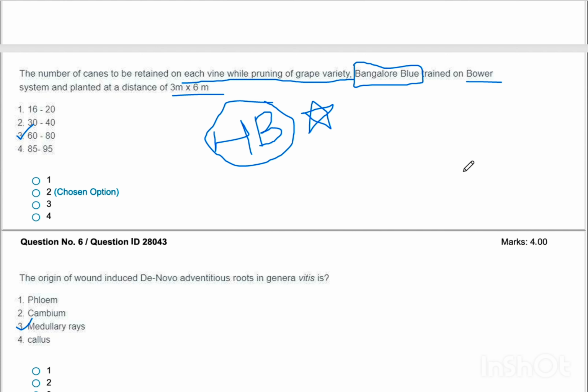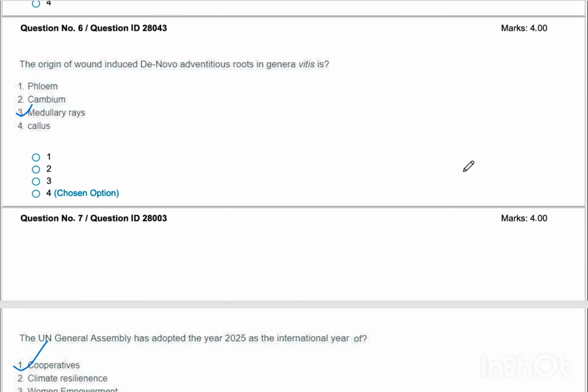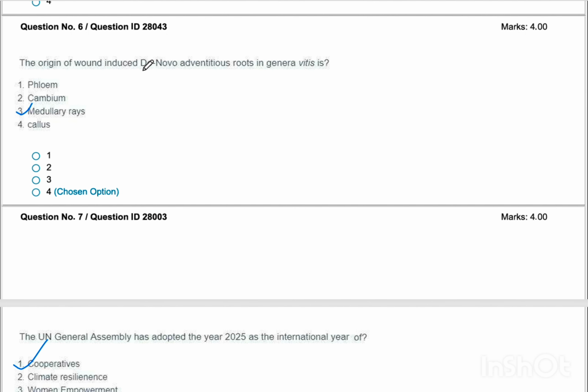And for another variety, Thompson Seedless or Pusa Seedless or Tas-A-Ganesh, at a planting distance of 2 into 3 meter and Kniffin system of training, the number of canes to be retained on each vine is 16 to 20. It is given clearly. You have to go through the handbook. It is a very direct question from the handbook.